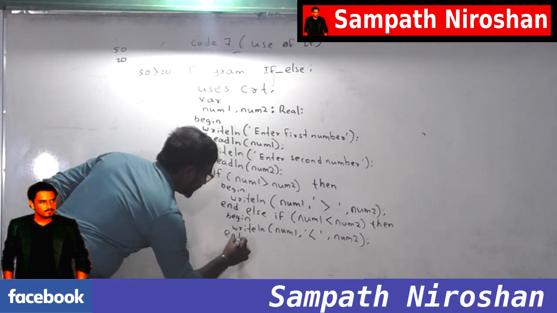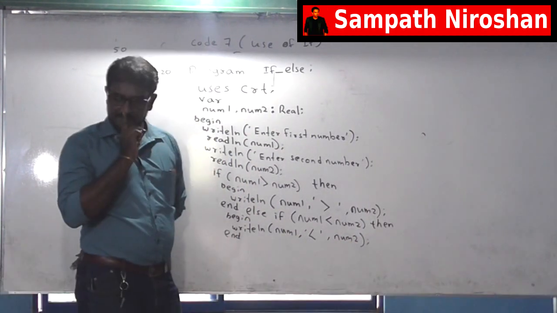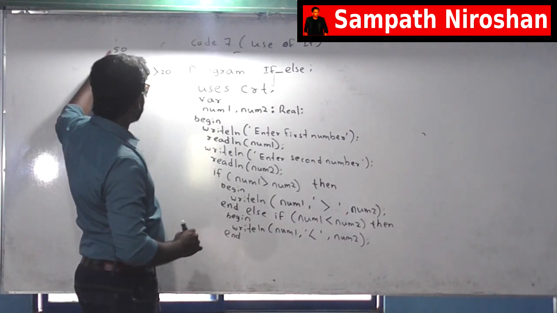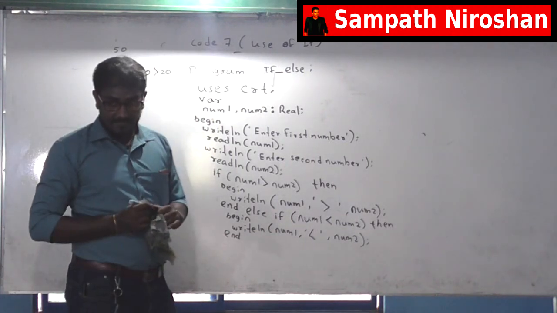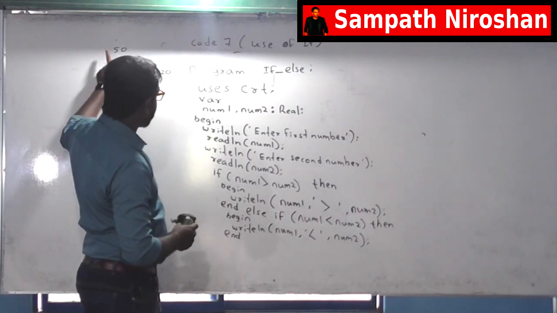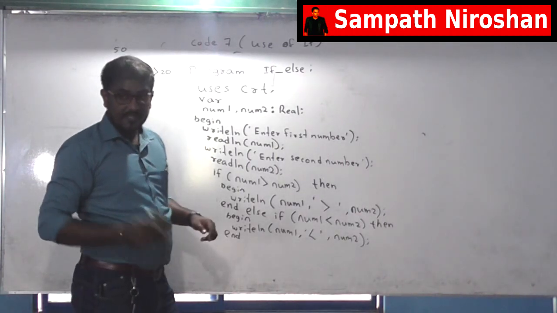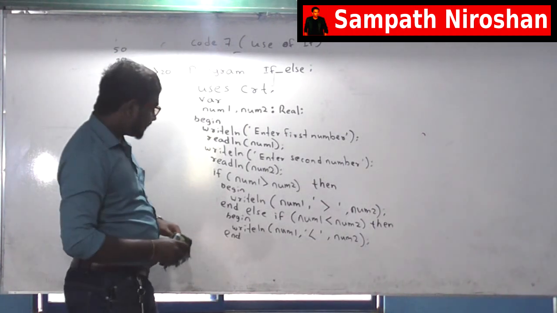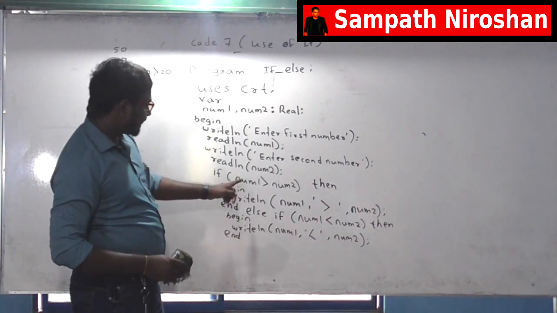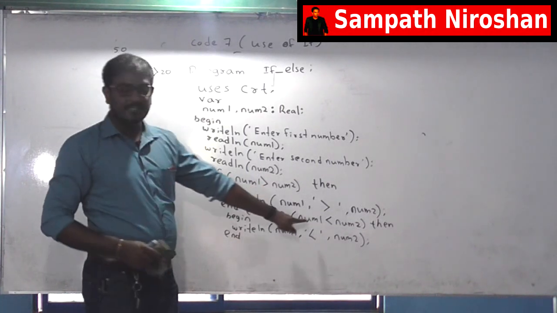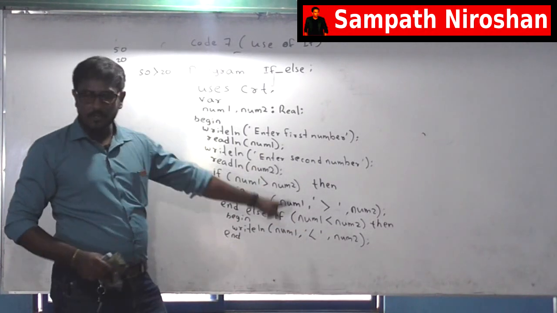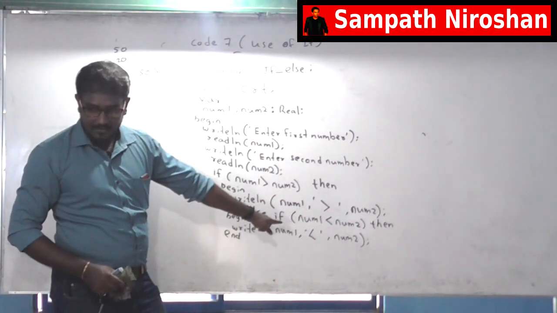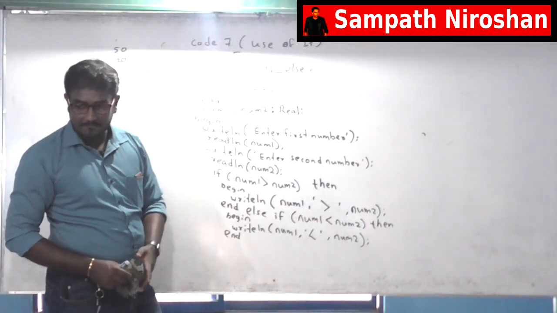And now we are not done yet, because the first number can be less than the second number, the first number can be greater than the second number. There is another option, the first number can be equal to the second number. So if both this condition and this condition go false, which means these two are equal, you can keep it as a default.